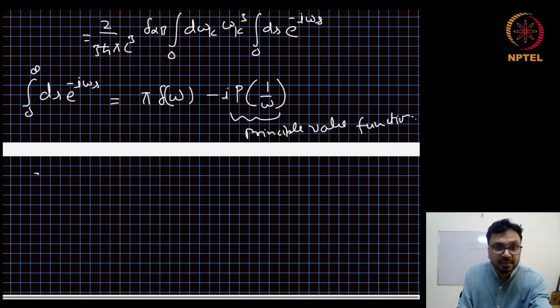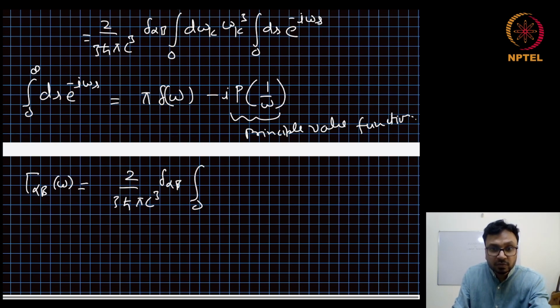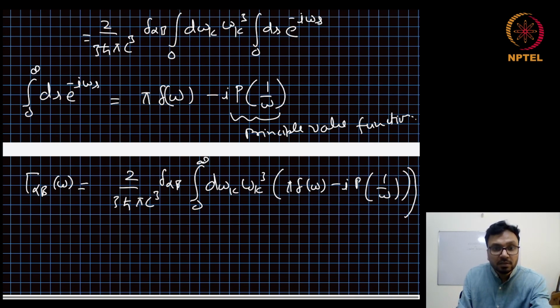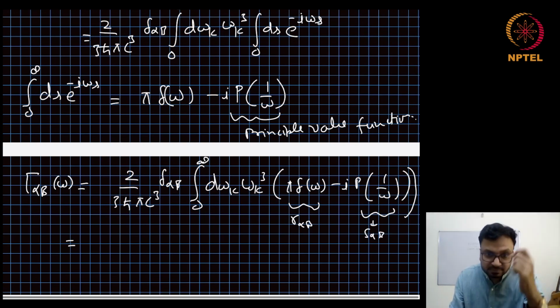Substituting this, we get gamma alpha beta of omega to be 2 over 3 h bar pi c cube delta alpha beta, integral from 0 to infinity d omega k cube times pi delta of omega minus i principal value of 1 over omega. So the first term will give us gamma alpha beta, and the second term will give us S alpha beta, the coefficient for the Lamb shift.